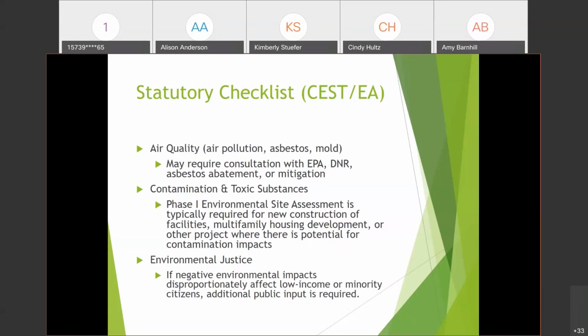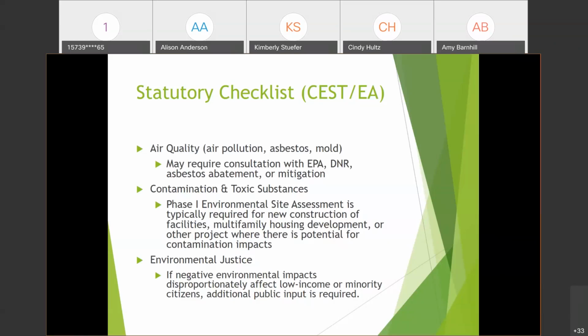And then you're looking at the area, pretty much a 1 mile radius of the project site, to determine if there's any issues with contamination or toxic materials. And so you should be verifying this through several online database screens.